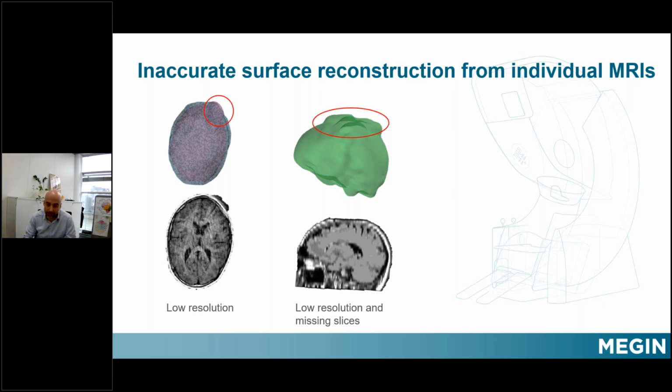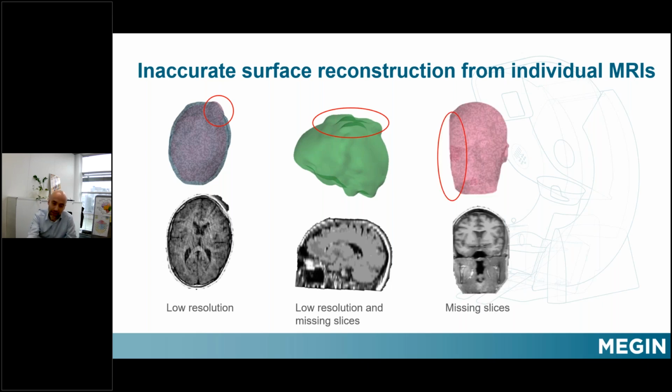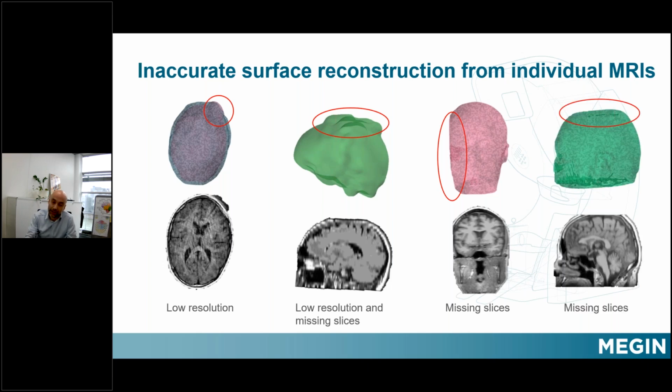Then you may also have some missing slices, because in a clinical context the MRIs are often acquired such that they only contain the brain volume, but not the surrounding tissues, which is not enough for MEG or EEG. You can have missing MRI slices also on the sides and on the top of the head.